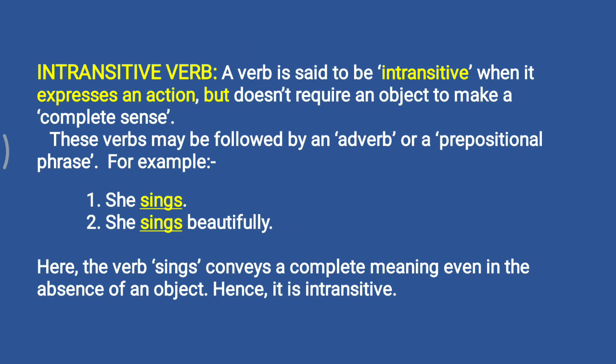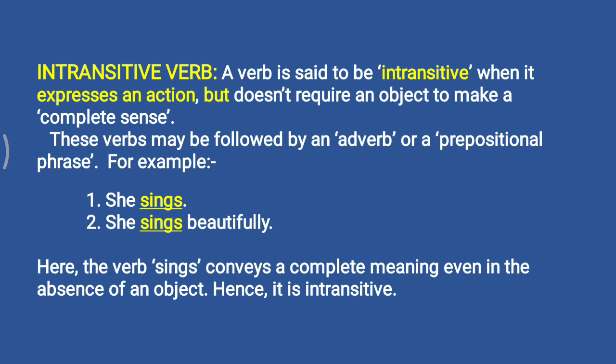Next is the intransitive verb. A verb is said to be intransitive when it expresses an action but does not require an object to make complete sense. These verbs may be followed by an adverb or a prepositional phrase. For example, she sings.